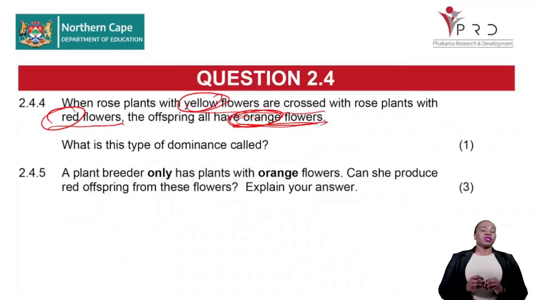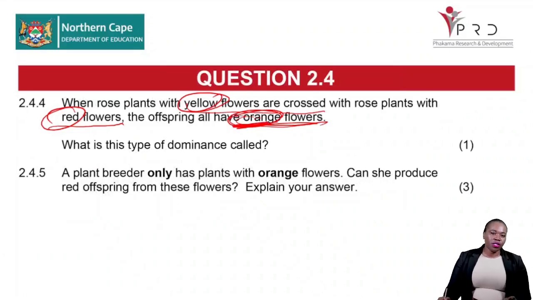Remember, when we're looking at complete dominance, red would probably be dominant over yellow and the offspring would be more red than yellow. However, in this case, because we are getting a new color, orange, it means that we are not looking at complete dominance.